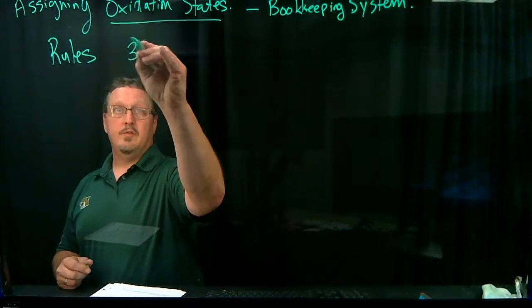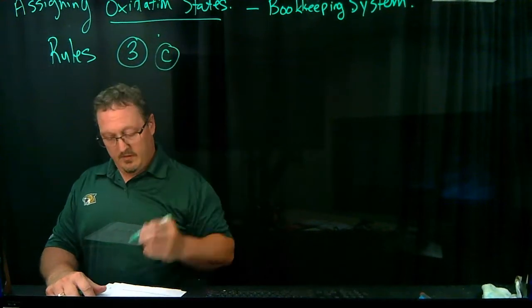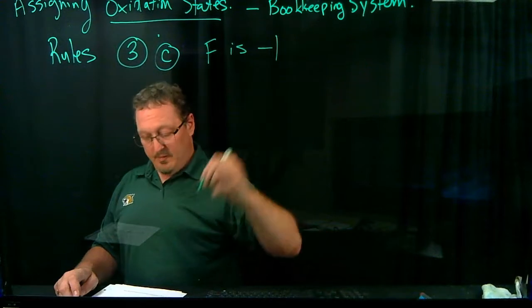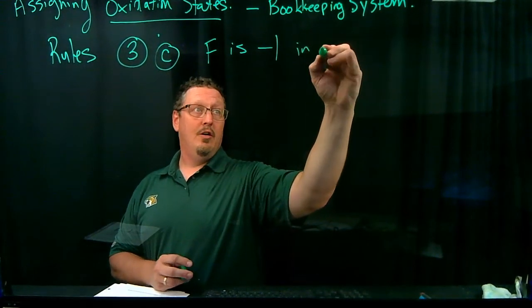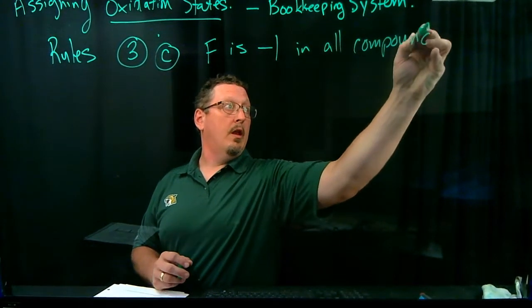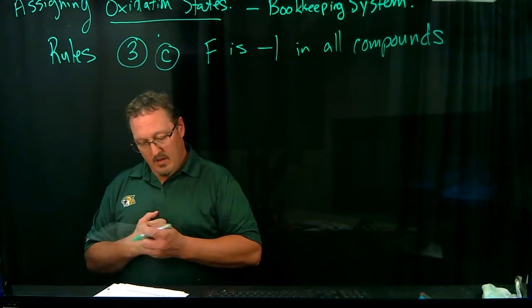Okay, so we're still on 3. We just did B, we're going to do 3C. Okay, so this is fluorine. Fluorine is -1 in its oxidation states in all compounds. Okay, so fluorine is a -1 all the time.